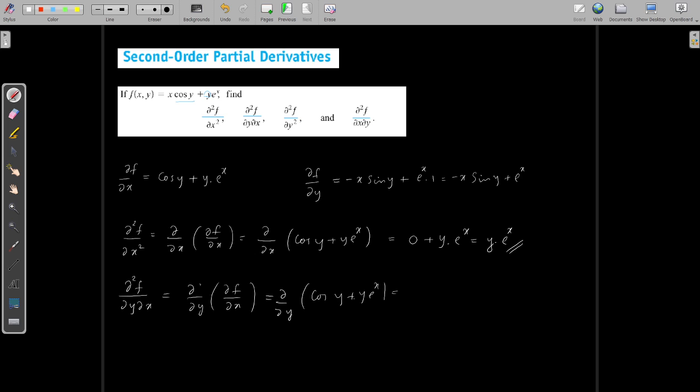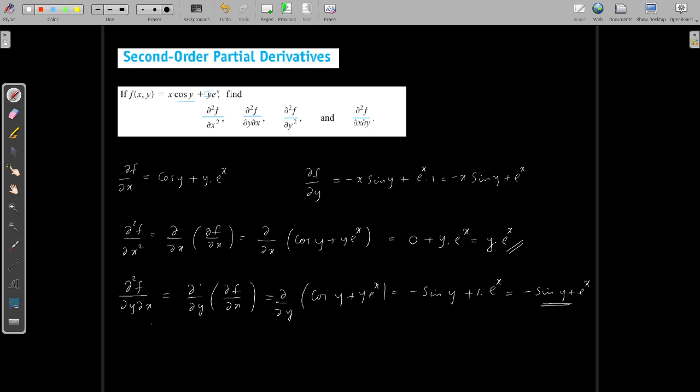When you differentiate this with respect to y, the first term will be minus sin y, and since e raised to x is a constant, and the derivative of y with respect to y is 1, that is equal to minus sin y plus e raised to x. So this is d squared f by dy dx.